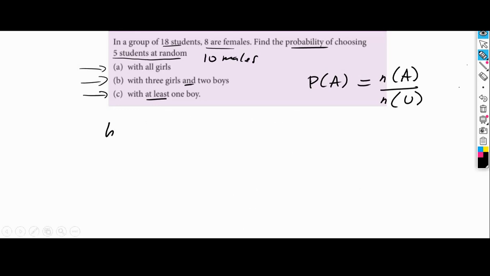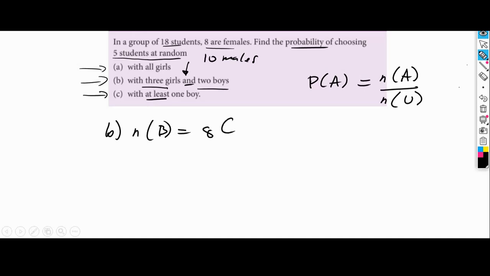So for part B, they want us to see what is the probability of picking 5 students at random with 3 girls and 2 boys. So whenever you see the word and, this implies a multiplication. What do I mean by that? Well, the total number of outcomes for event B would be how many different ways are there of picking 3 girls from the 8, right?